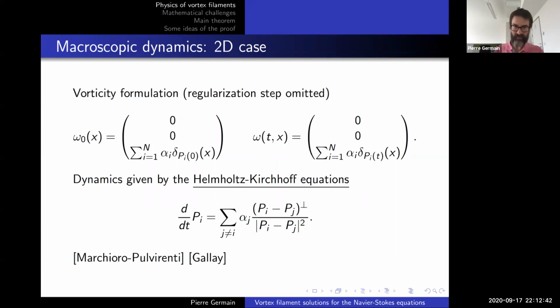And the dynamics is given by the Helmholtz-Kirchhoff equations. So this tells you how the position of point vortices evolve. So the i-th vortex is moving with a velocity given by all the other vortices, but it is not talking to itself.